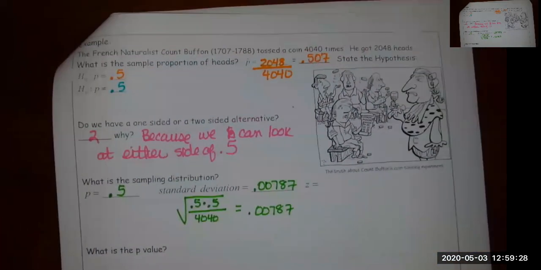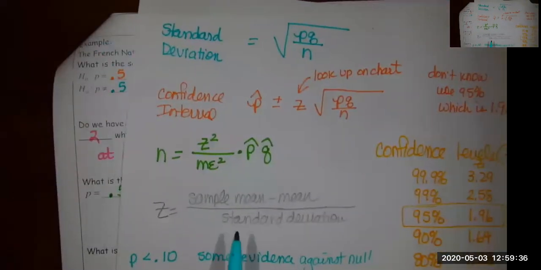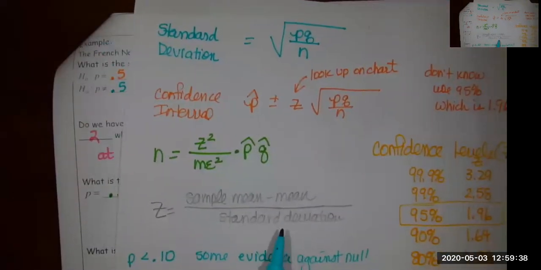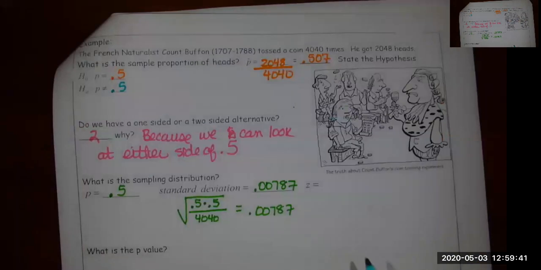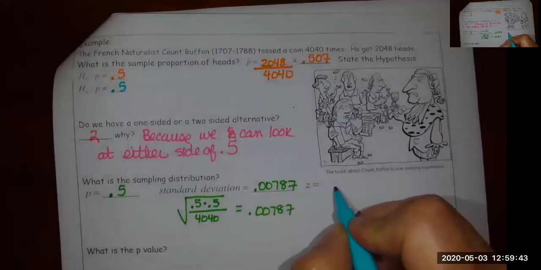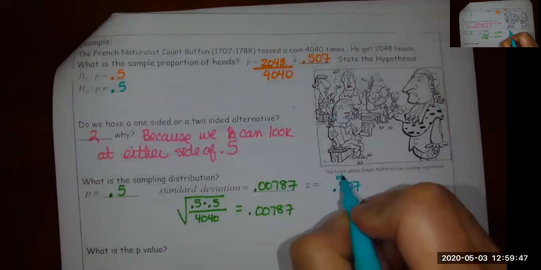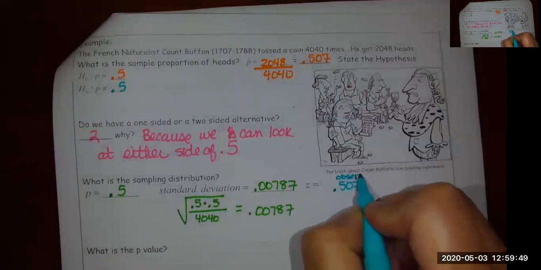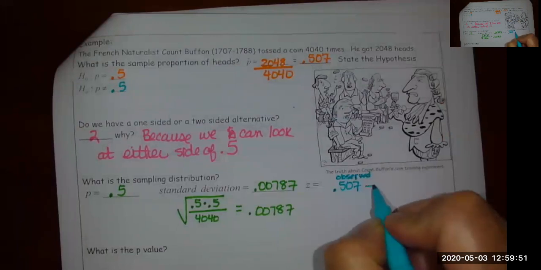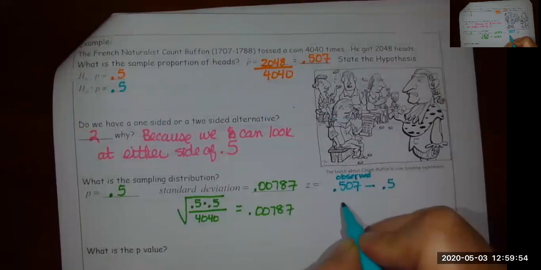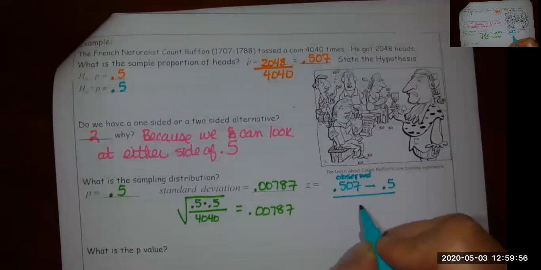So we're going to find our Z, right? So here's your steps. You have to know p, standard deviation, and Z. Z is on your formula sheet. It's the sample mean minus the mean over the standard deviation. So Z is going to be 0.507, so observed, minus the actual mean, all over standard deviation.